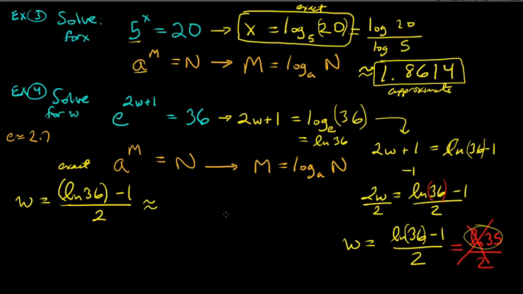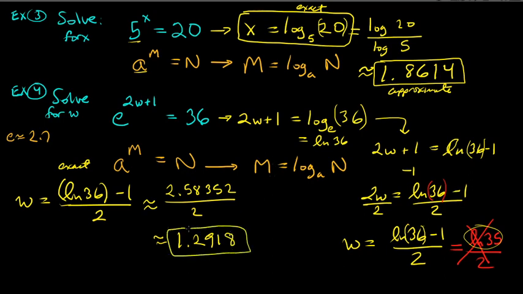And when you take away 1, you get about 2.58. So the numerator is about 2.58352 something. And when you divide that by 2, you get 1.29175. Oops, so that's 1.2918.